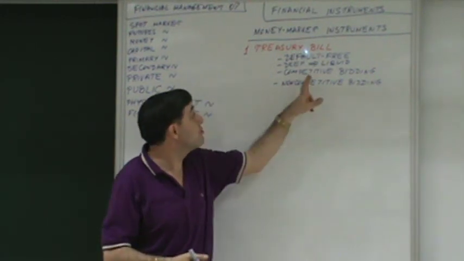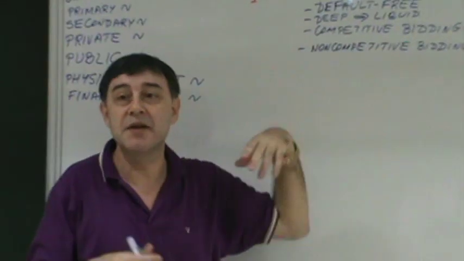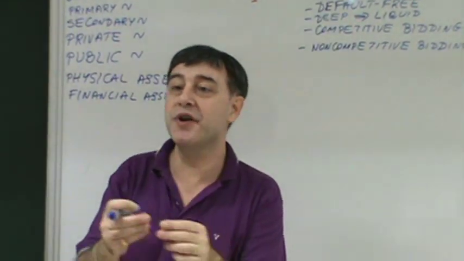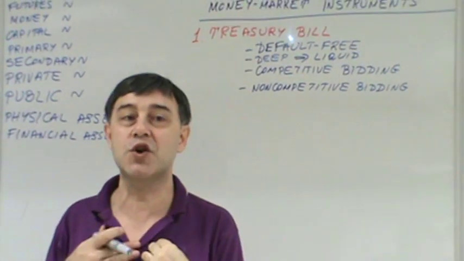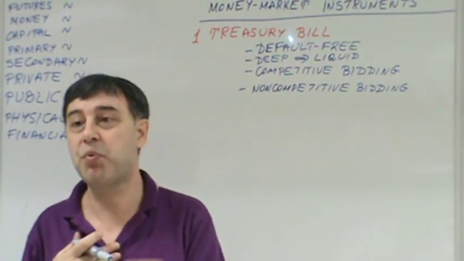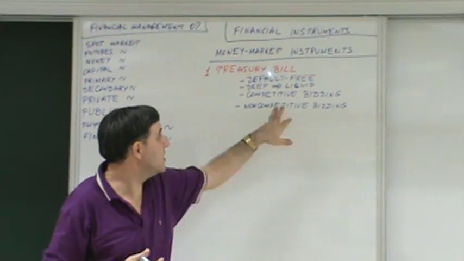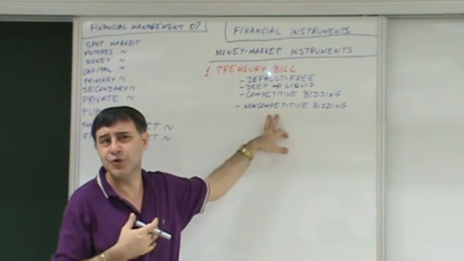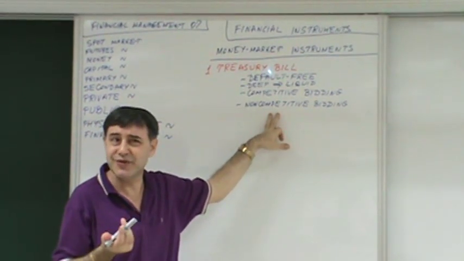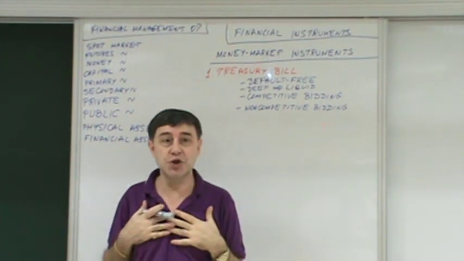So, those who bid competitively will determine the market price, and if the market price is 2.18, the non-competitive bidders will all get their quantity at 2.18, at the market price. So they just say, we don't care exactly if it's going to be 218 or 222 or 224 or maybe 215. Whatever it turns out to be, we're going to buy 2 billion.